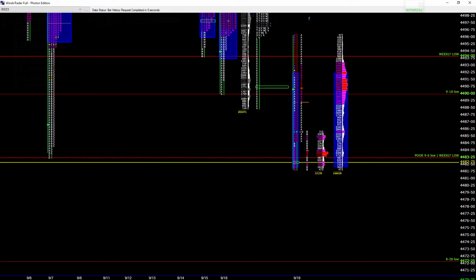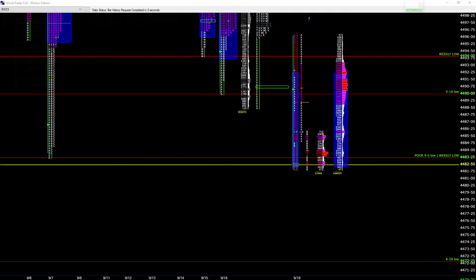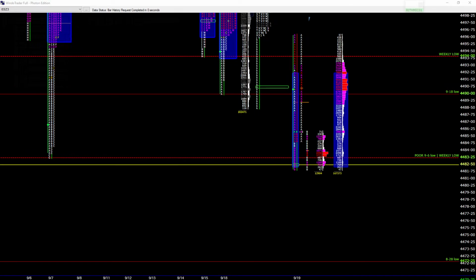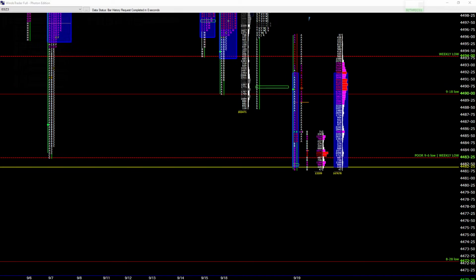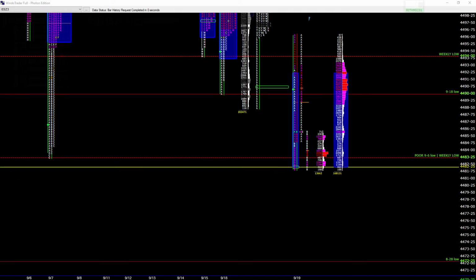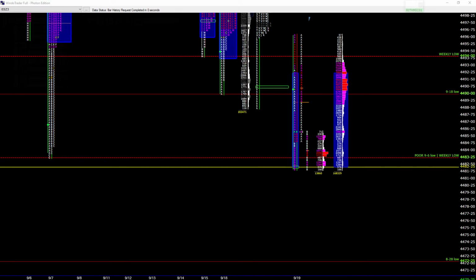Now the market has reached the opposite side of the 6-day range. 44.68 would be the previous breakout level to check, or 44.77.